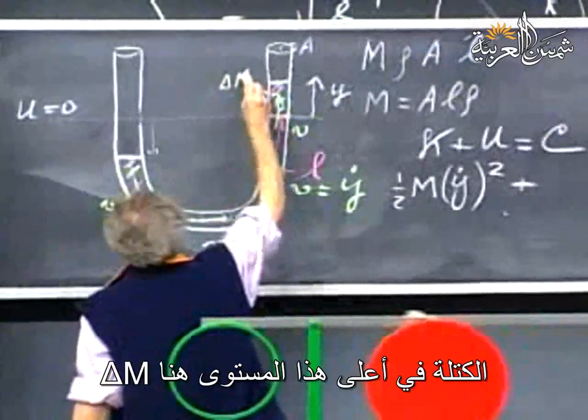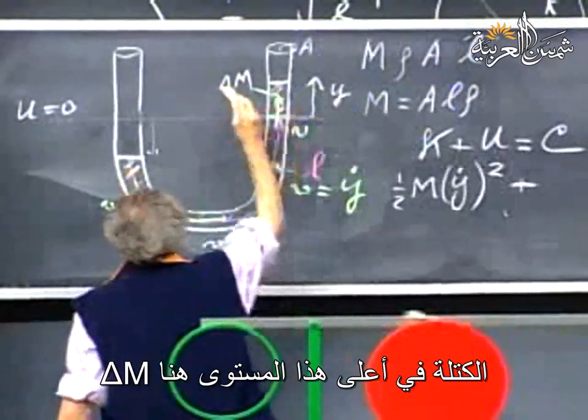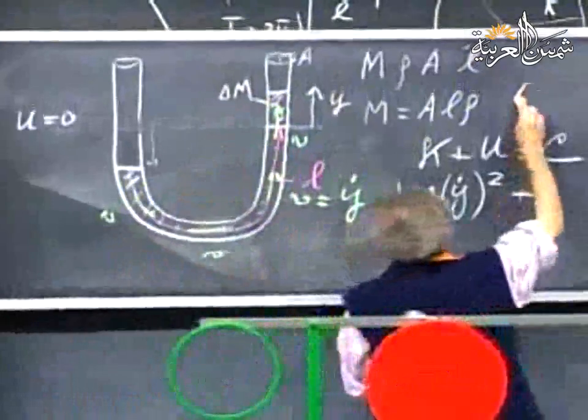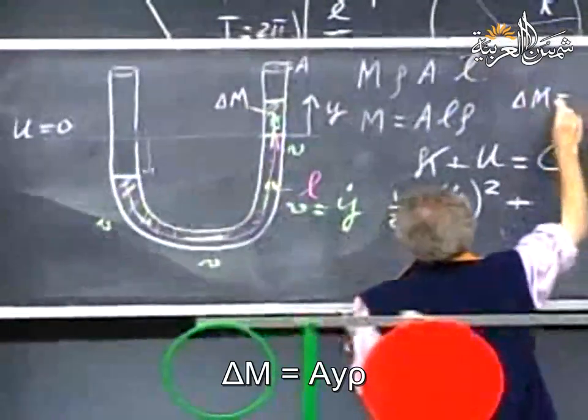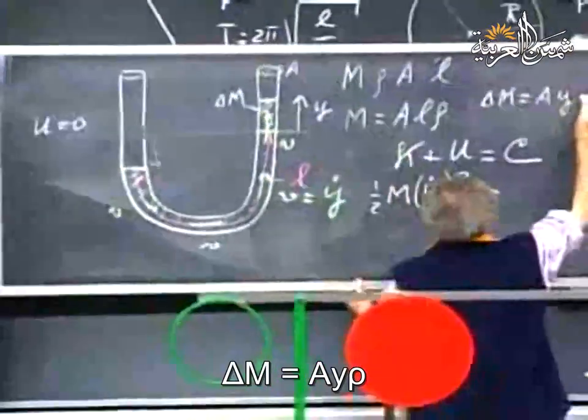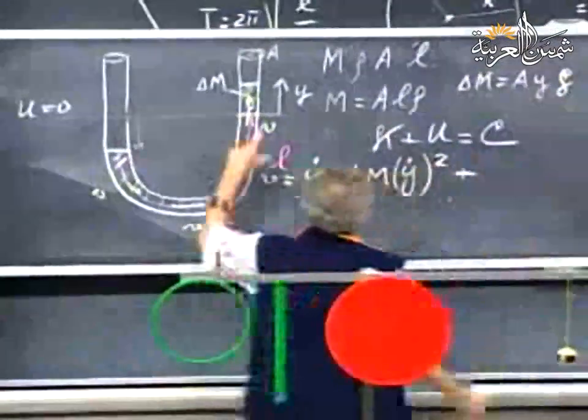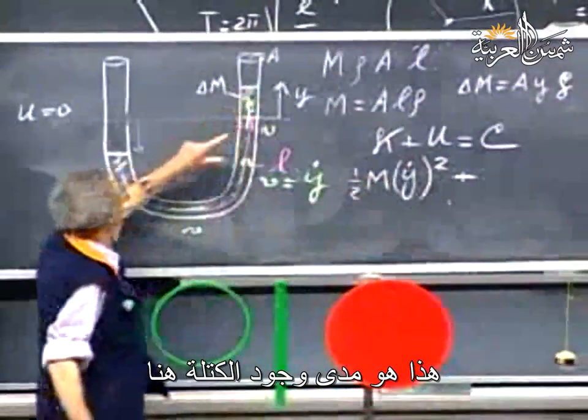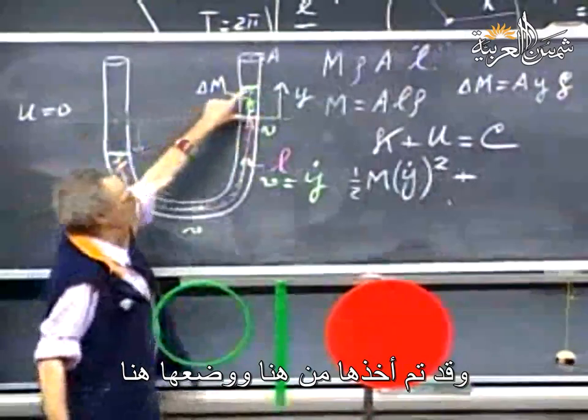The mass that is now above this level here, I call that delta m, and delta m is the area times y times rho. This is how much mass there is here. It was taken away from here and put here.